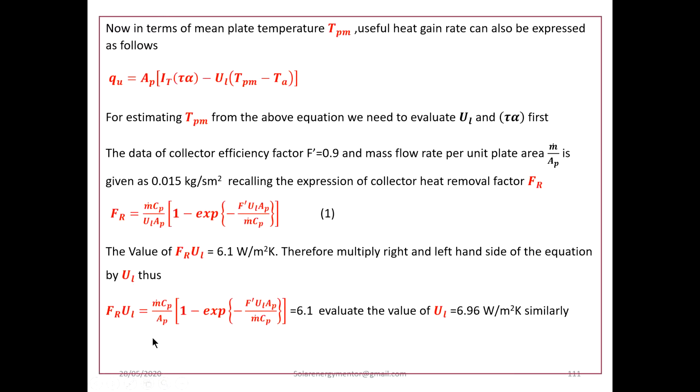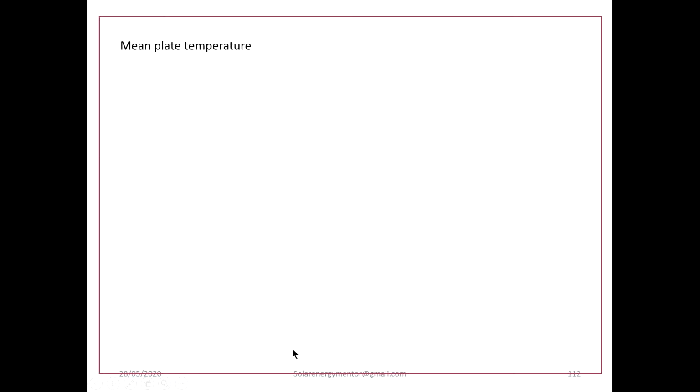Then you solve this equation and get the value of UL as 6.96 watt per meter square Kelvin. Similarly, now UL value is known, FRUL value is known, you can find out the value of FR. So FR comes out to be 0.87. Now the value of FR is known, tau alpha can also be determined, that is 0.78. So all these three values are known.